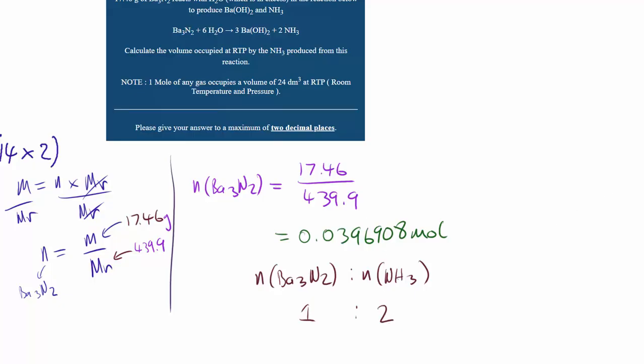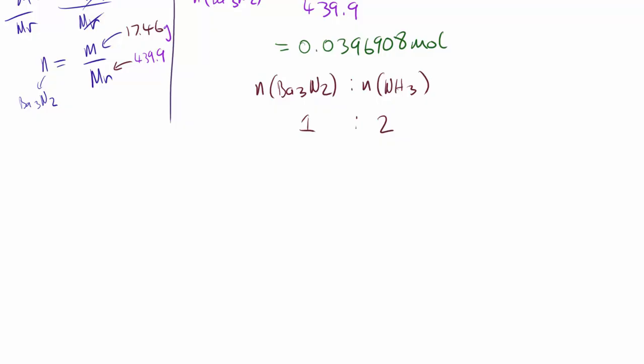Okay, and so what does that tell us? Well, it tells us that for every mole of Ba₃N₂, we have 2 moles of NH3. Usually I would try and get the value on the left hand side to be 1.